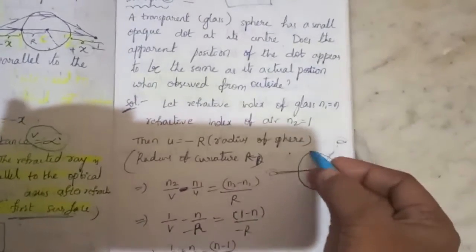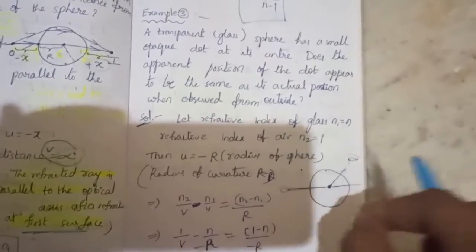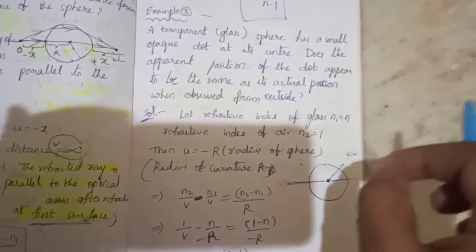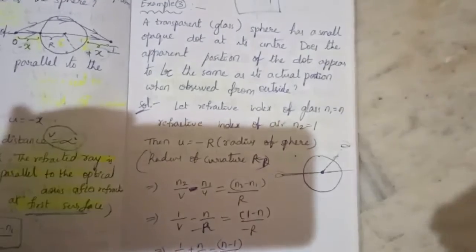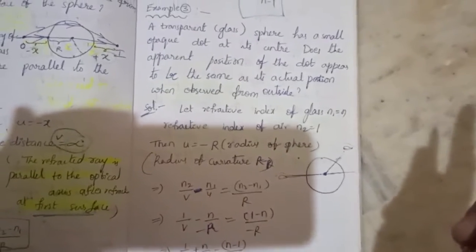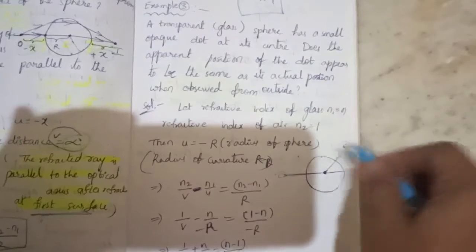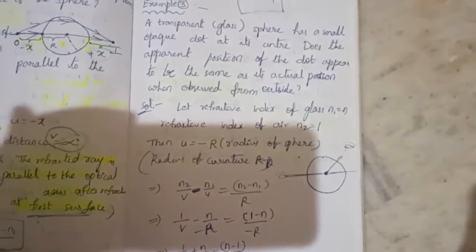Here this is the sphere, the transparent glass sphere. In the middle we have the opaque dot. We need to find whether it appears as it is while we are observing from outside. I think you got this question, children.